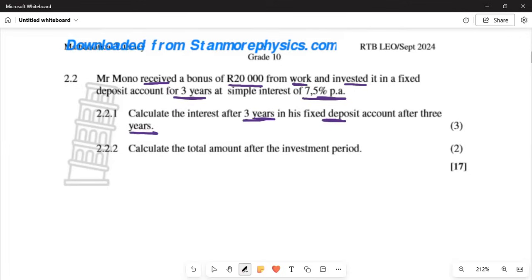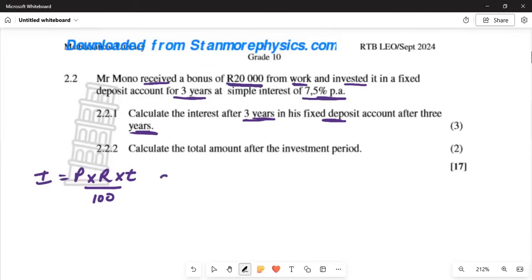So we are saying a formula: interest is equal to principal times the rate, times the time, which is the number of years, divided by 100. So the interest is equal to the principal amount. How much is the amount? We can see that it is 20,000.